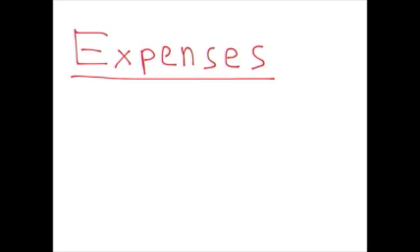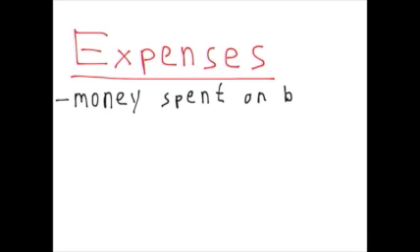Now, let's look at expenses. Expenses are all money spent that is not included in cost of material for the business. Again, that is money spent on the business, not on materials.